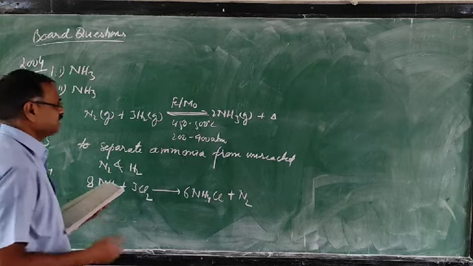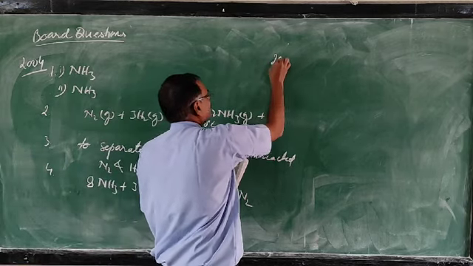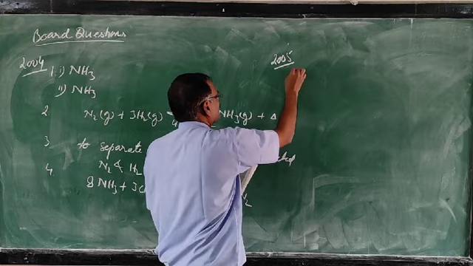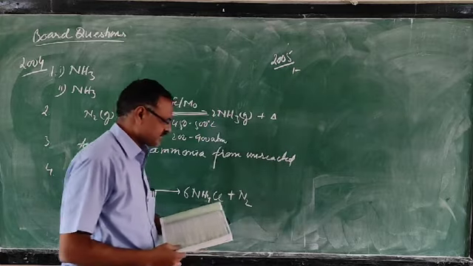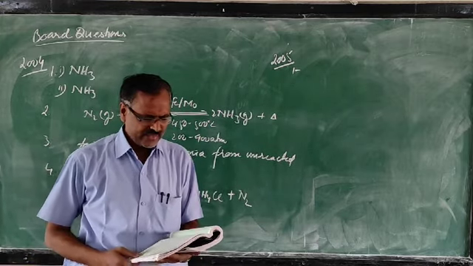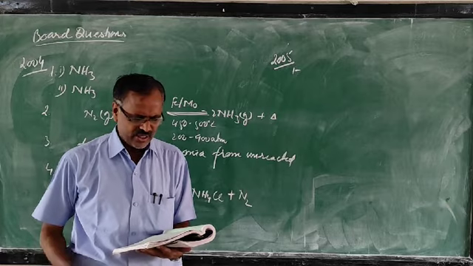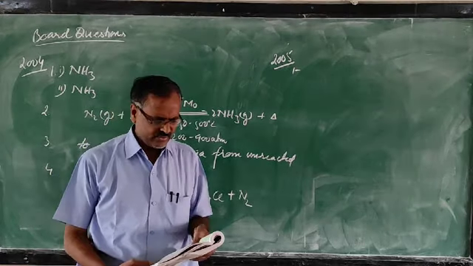Now 2005. First question. Name the ion other than ammonium ion formed when ammonia is dissolved in water.